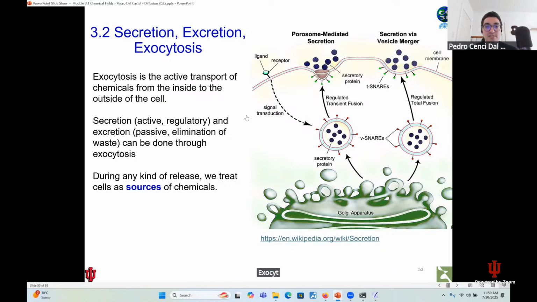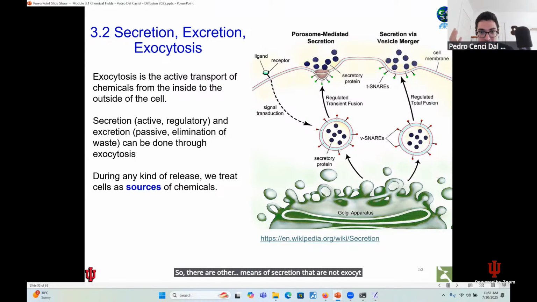Exocytosis is one mechanism of secretion, but you can have other kinds of secretion other than exocytosis. So there are other means of secretion that are not exocytosis.